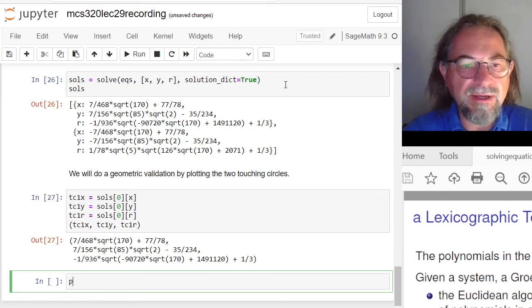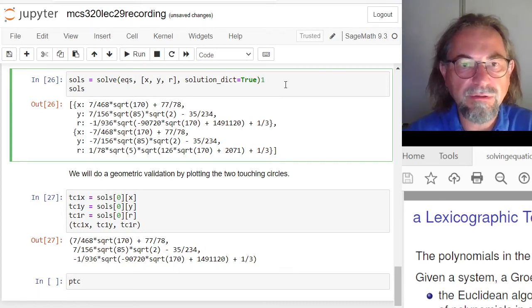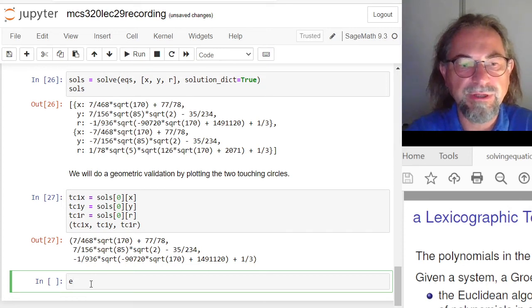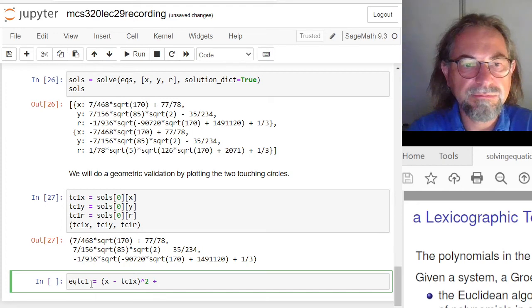Okay, so then I have the plot of the touching circle, or perhaps let me do the equation of the touching circle first. The equation of the first touching circle is x minus tc1 x, and so on.